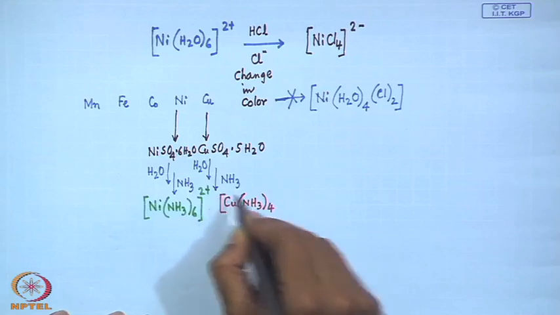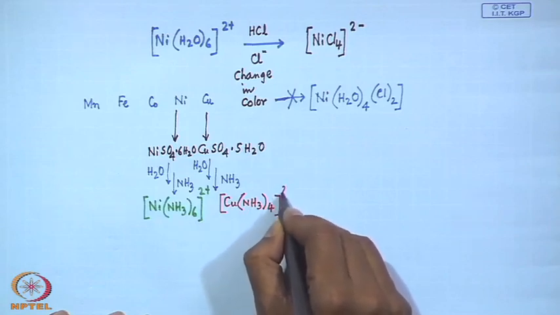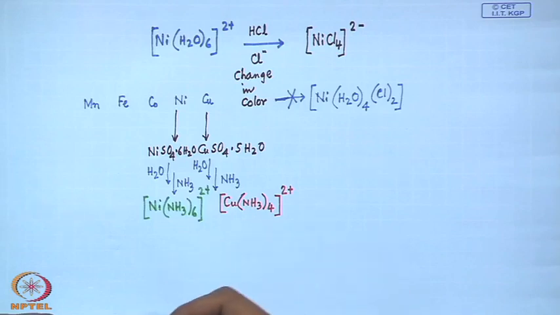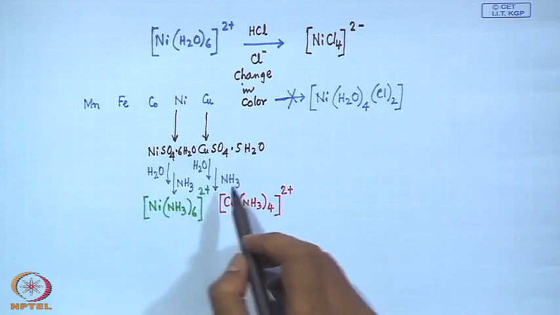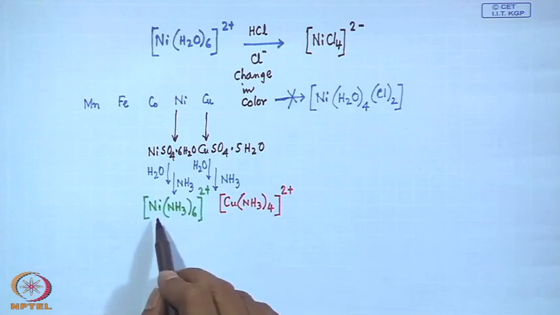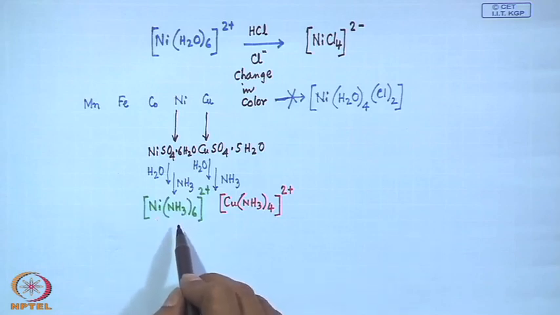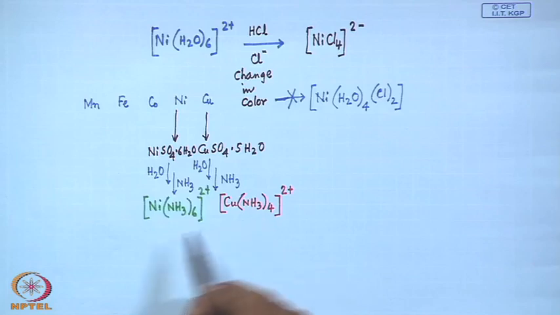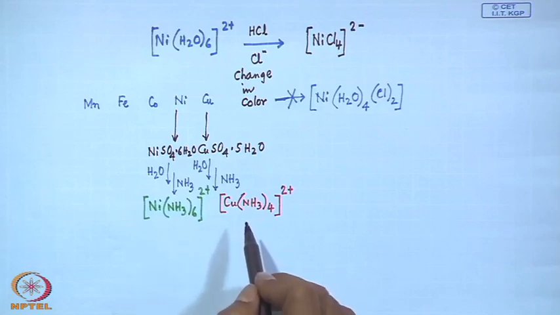will form a tetraamine complex. So, they are adjacent elements, their salts are almost similar, but when they react with water followed by ammonia as ligands, their ultimate products are different. One is forming a hexaamine, another is forming a tetraamine complex, and their colors are also a little bit different.